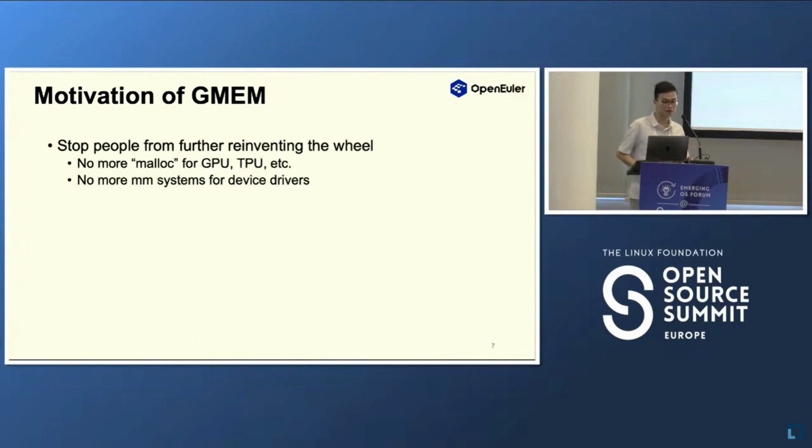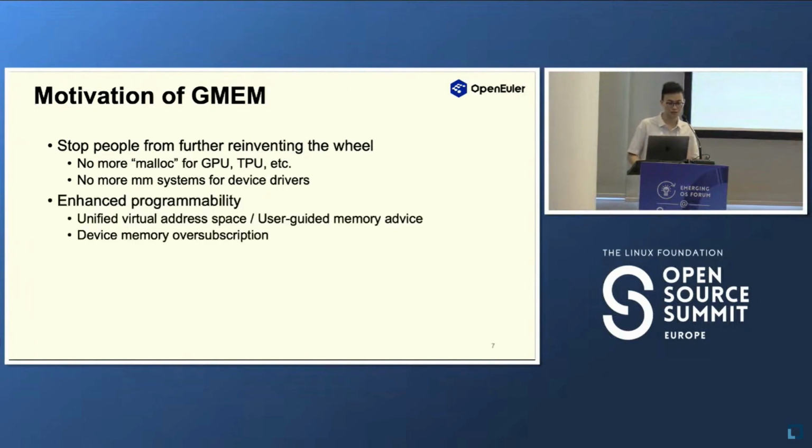The first motivation is that we want to stop people from further reinventing the wheel. This includes two aspects. One is not to implement any more malloc libraries for your GPU or TPU or whatever. The second is not to re-implement memory management systems for your device drivers.